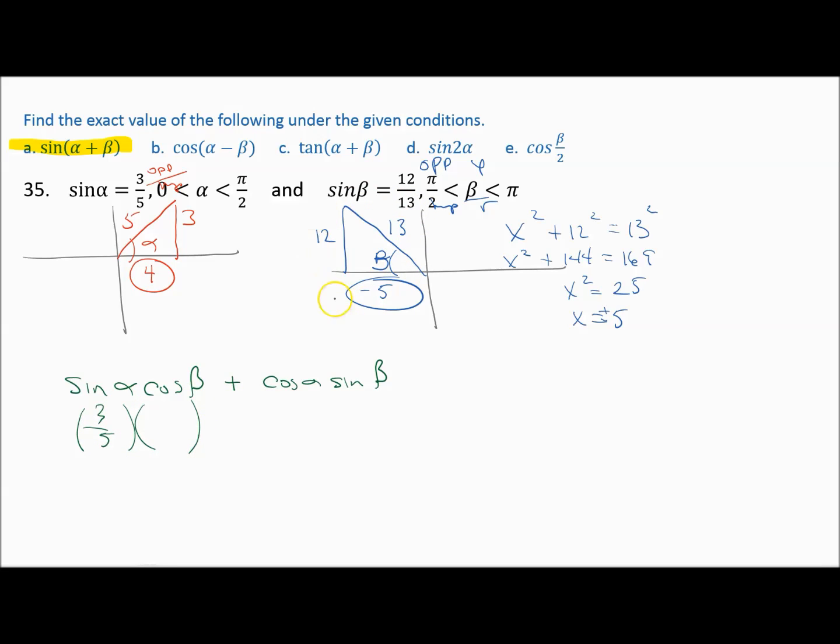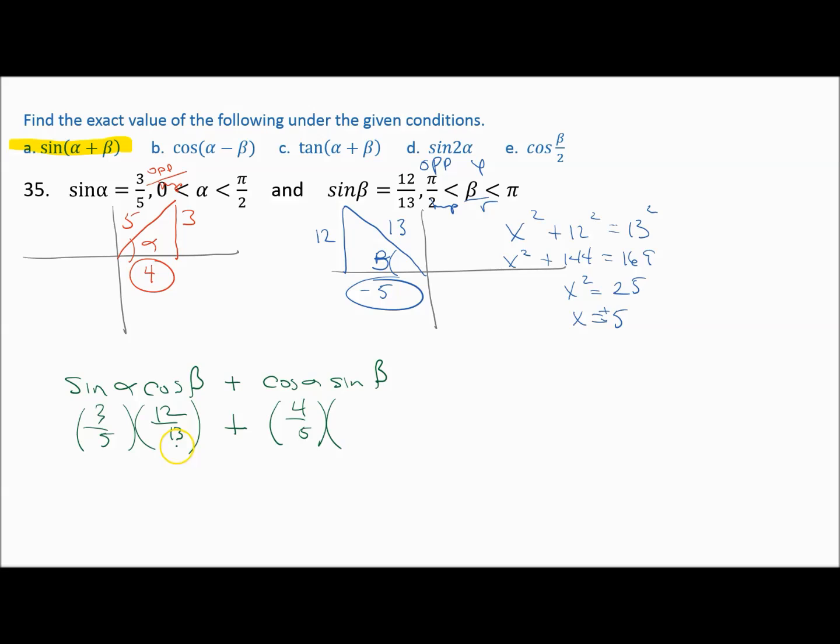Cosine of beta, I need to look at my second triangle. Again, opposite over hypotenuse, so 12 over 13, but also that information is given, plus cosine of alpha. Okay, so back to my alpha picture, that's adjacent over hypotenuse, or x over r, so 4/5, times the sine of beta. Okay, so the sine of beta, and I accidentally used it right over here.